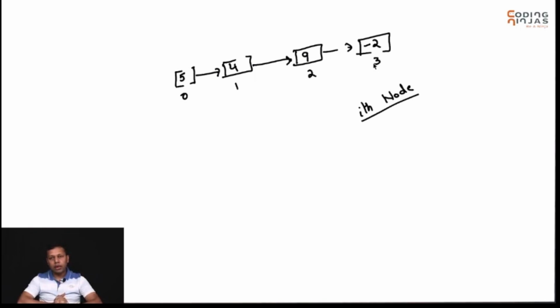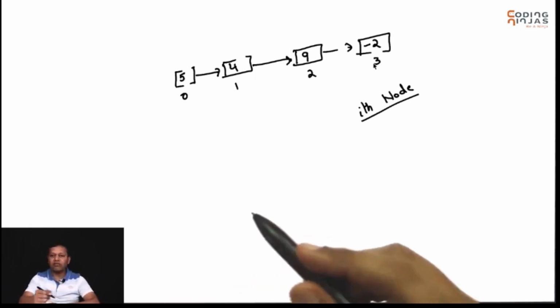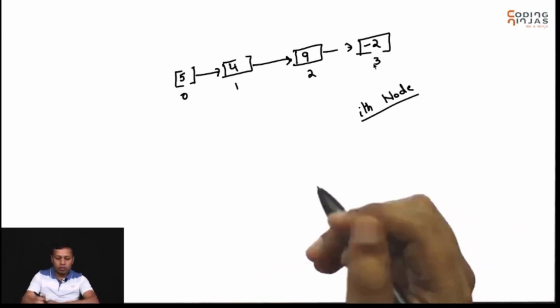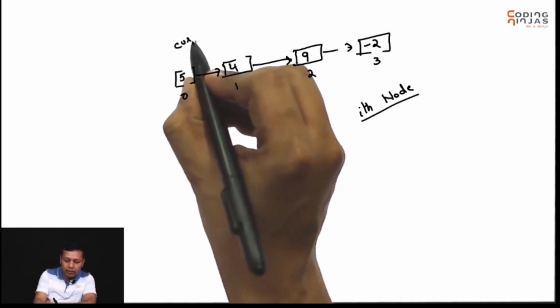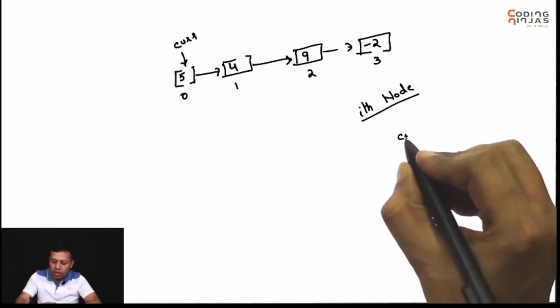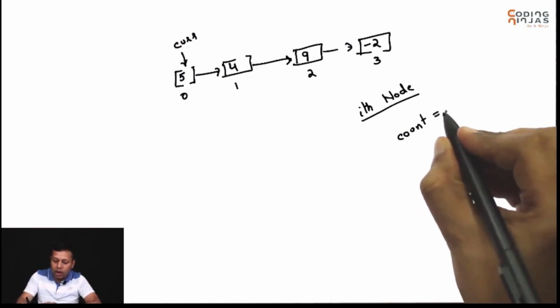We would start from head and traverse in the forward direction, trying to reach the ith node. So we will have our current pointing to the head node, and we would traverse the nodes one by one, and keep on increasing the count, where count would start at 0.